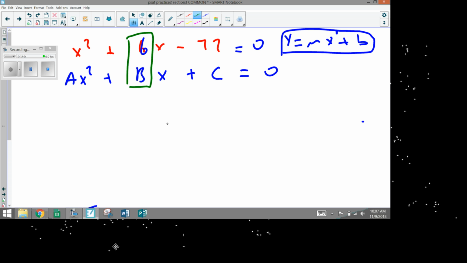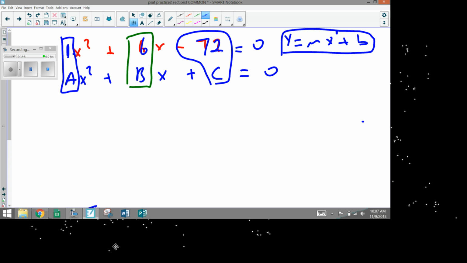So obvious, right? Similarly, what is a? It's 1, because there's 1 times x squared. So a is matching with 1, b is matching with 6. What is c? Negative 72. This is the way we find a, b, and c.